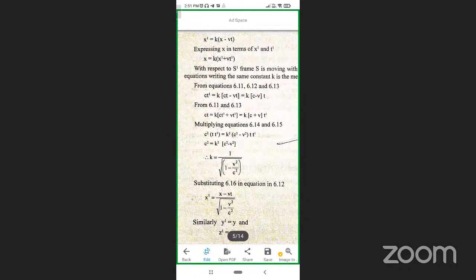So next one is the Lorentz transformation equations.